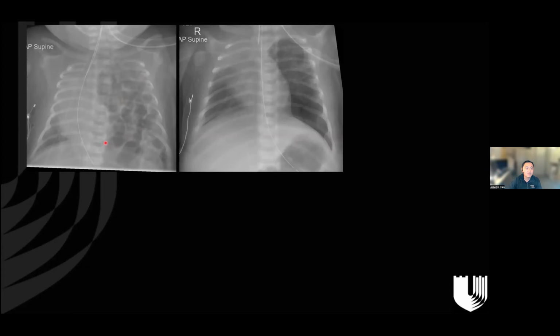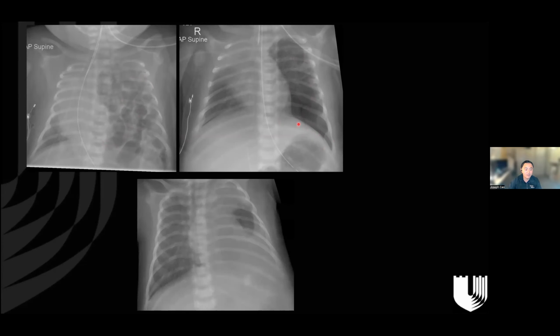So here's a good example of a patient with a large left-sided diaphragmatic hernia with all these loops of bowel in the chest. In the immediate postoperative period, you have these small pneumothoraces, similar to the findings I showed on the prior patient. A day later, a large pleural effusion has come in and filled this hemithorax, just showing a little bit of aerated left lung, which is the hypoplastic segment of the lung.